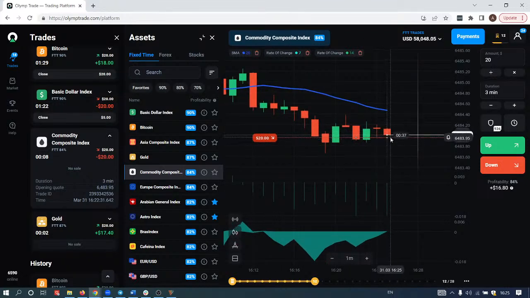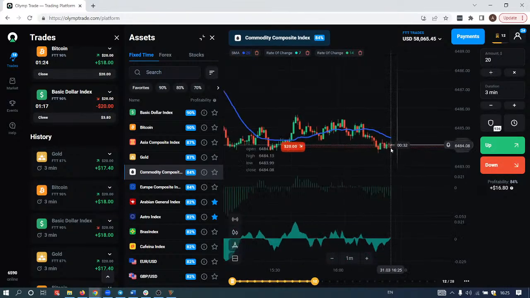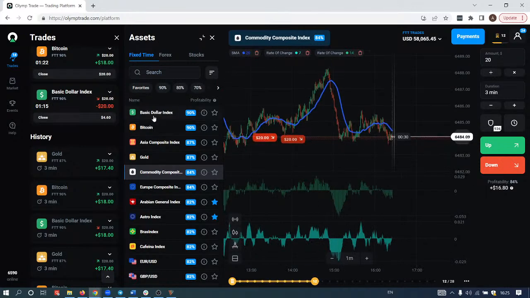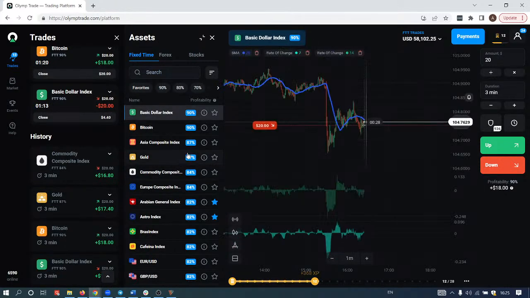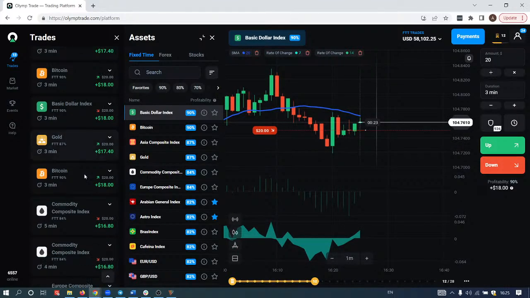Commodity Composite Index. Okay, I want to open another trade here, so I think the conditions are still there. Basic dollar index. Wow.